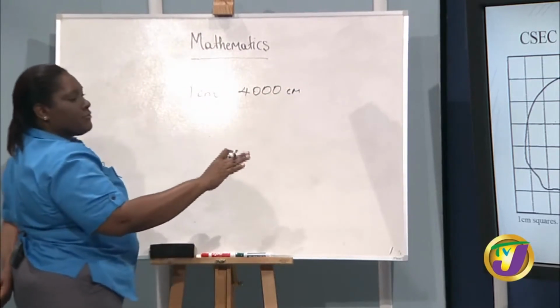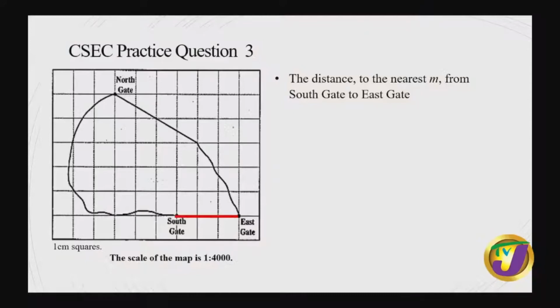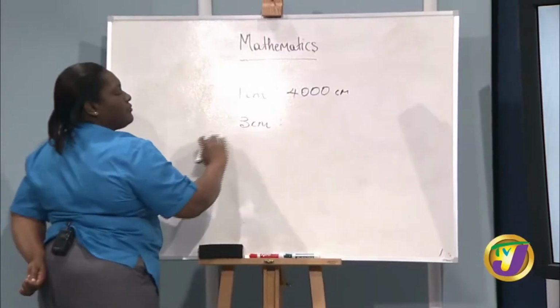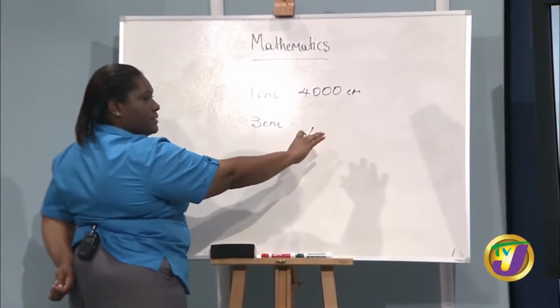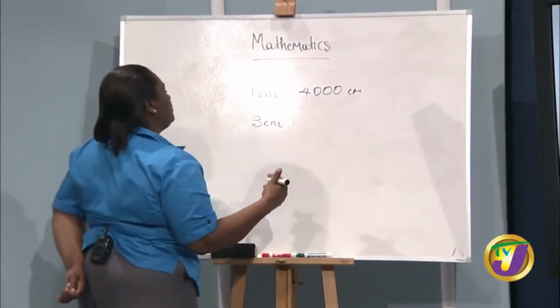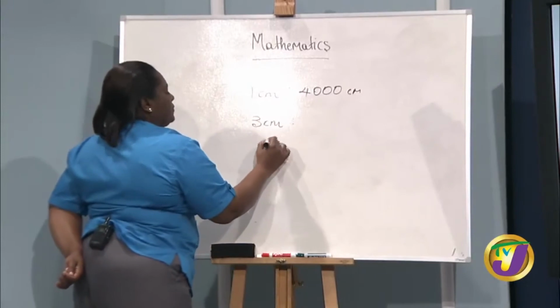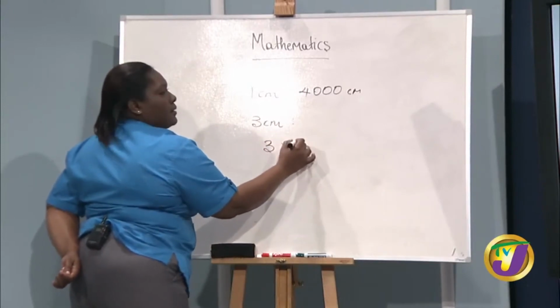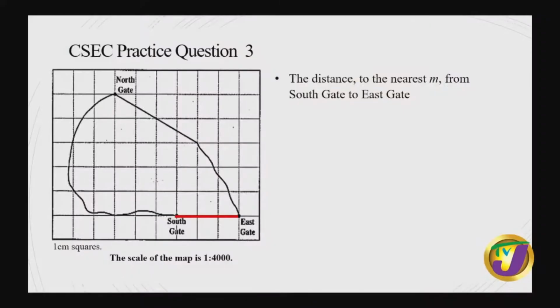If the distance from south gate to east gate is 3 centimeters, we need to find the amount in centimeters and then convert to meters. So that would be 3 multiplied by 4,000, which would give us 12,000 centimeters, not forgetting our units.